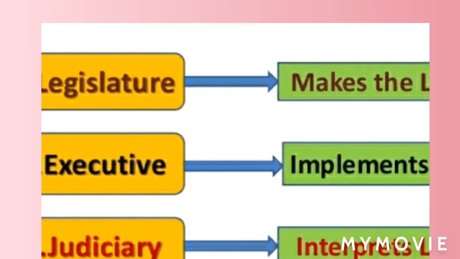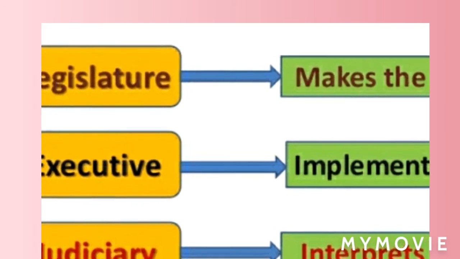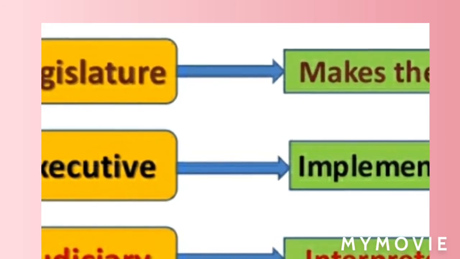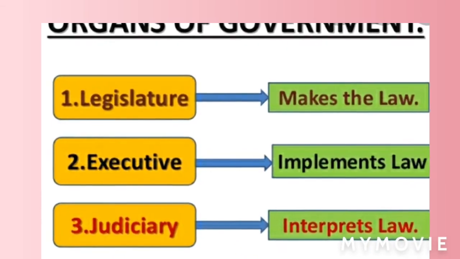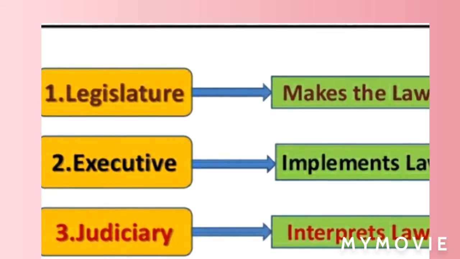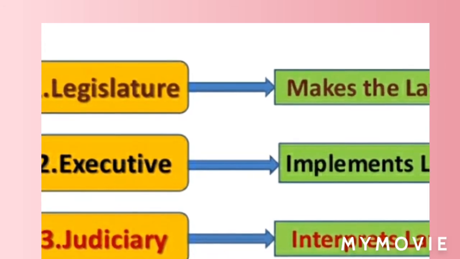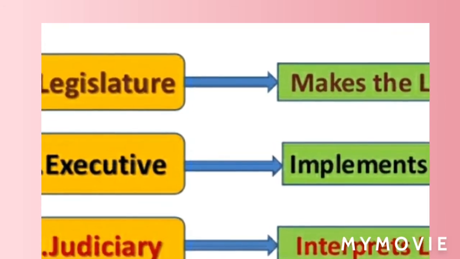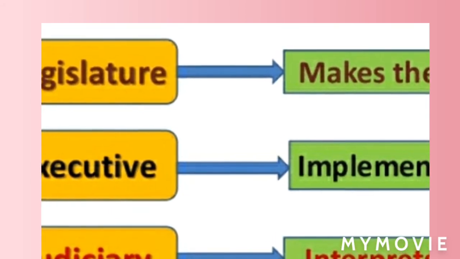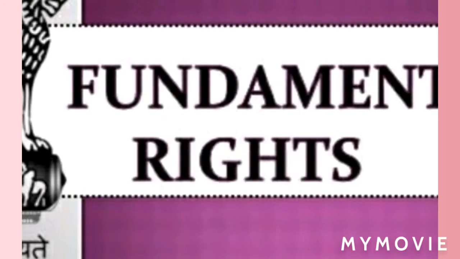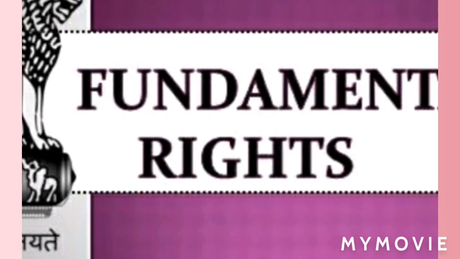The executive is responsible for implementing laws and running the government. The judiciary is responsible for enforcing and upholding the laws. It works through a system of courts in this country. In order to prevent the misuse of power by any one branch of government, the Constitution says that each of these organs should exercise different powers.